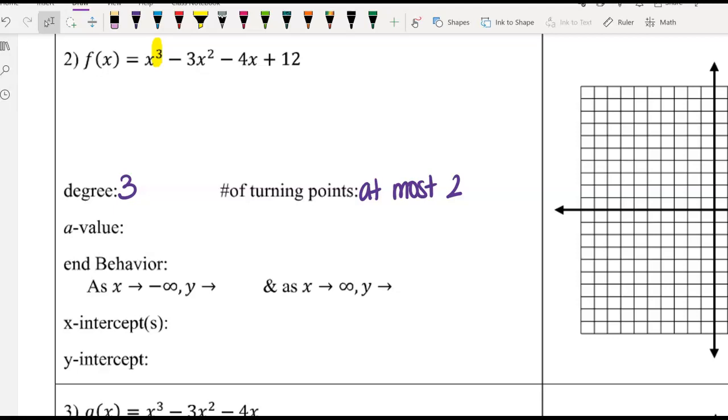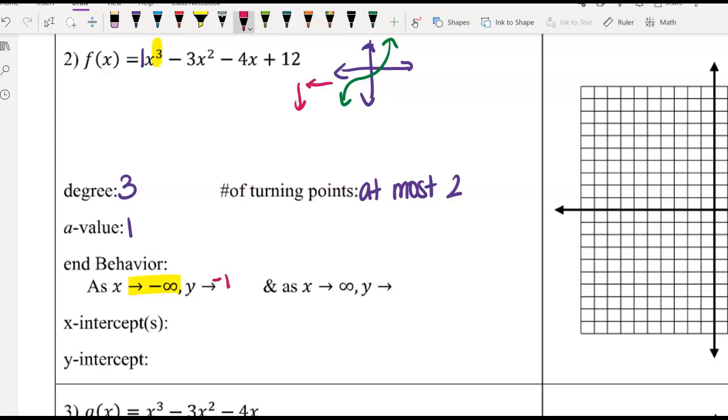Your A value is the value in the front, which happens to be 1. Since it is a degree of 3 and it's an odd function, we know it's going to look like a cubic, okay? A positive cubic without any reflection. So that will allow us to say, okay, well, x is going to go left, meaning that my y is going to go down.